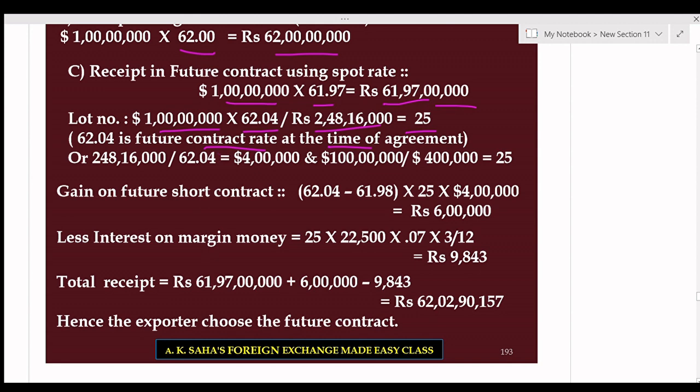Or you can divide the contract size 2 crore 48 lakh 16,000 by the spot future rate, you will get the lot size $4 lakhs, and to find the lot number, the contract value divided by lot size is equal to 25.